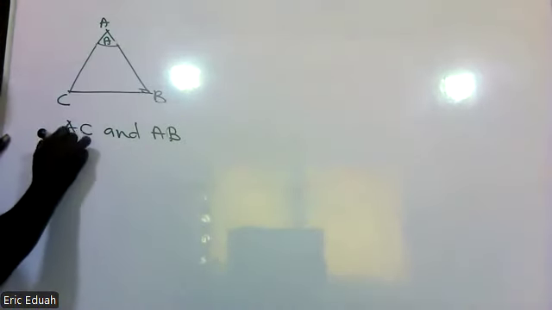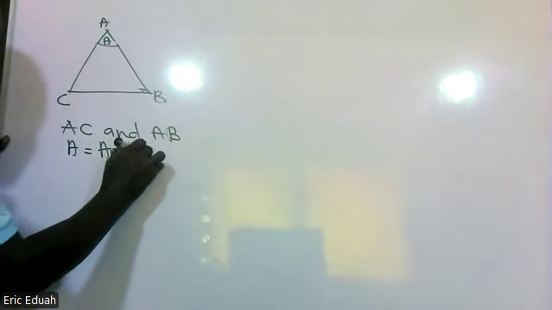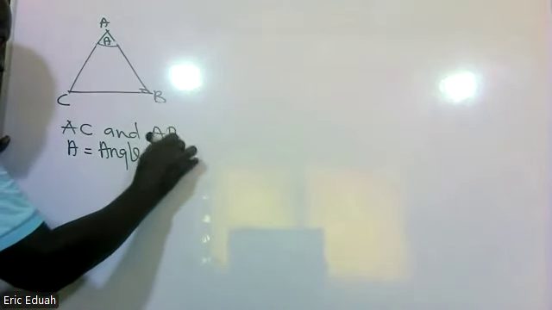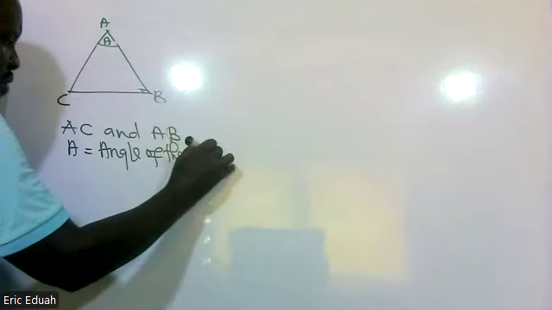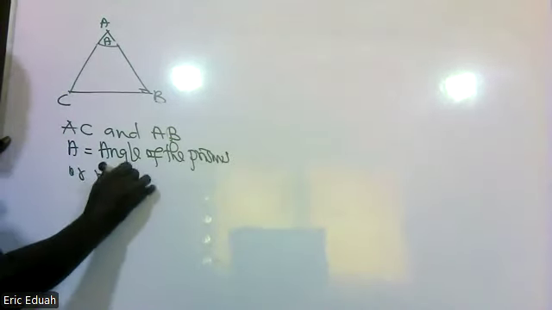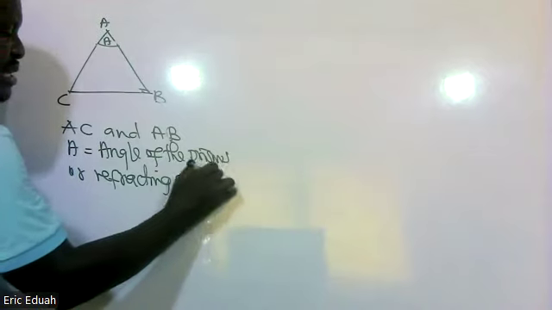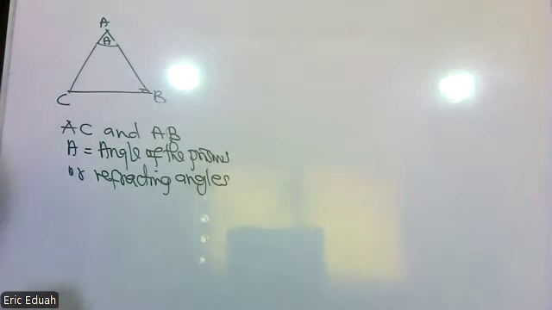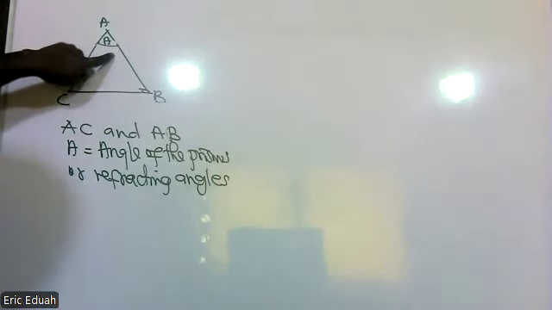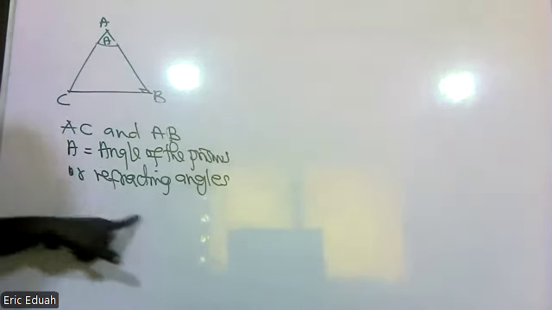So A is the angle of the prism, or refracting angle. In questions, these are the terms that will be used: A, the angle of the prism, or refracting angle of the prism.